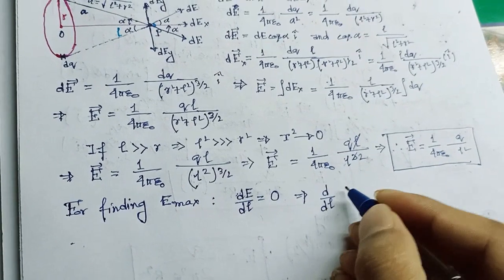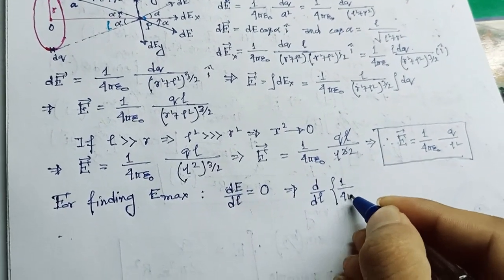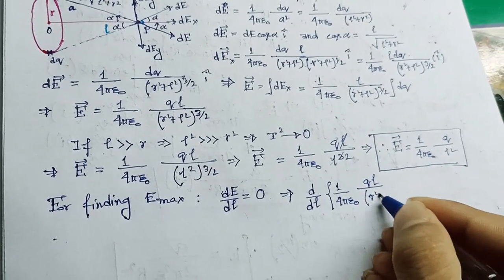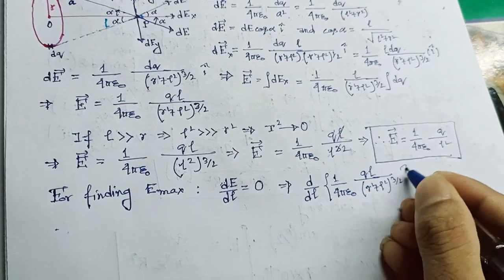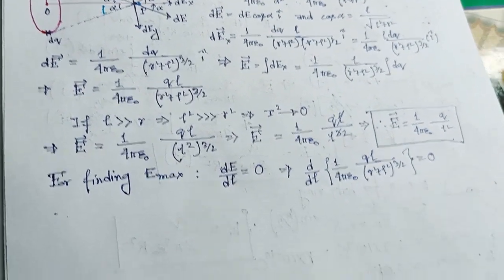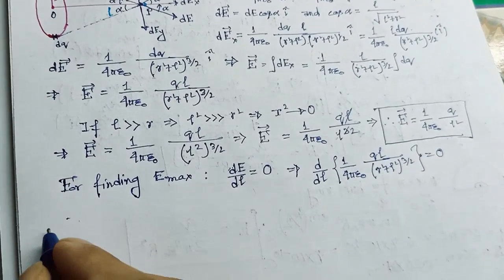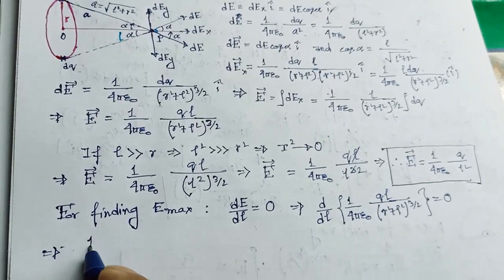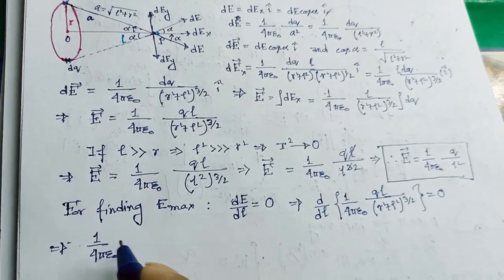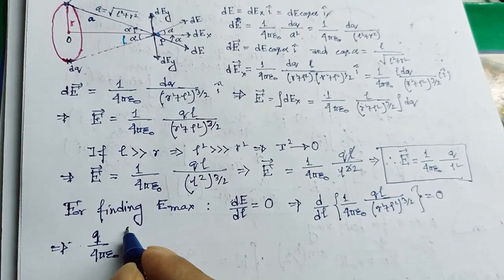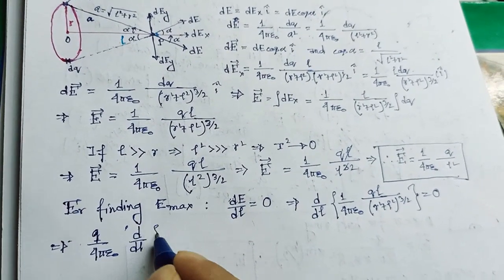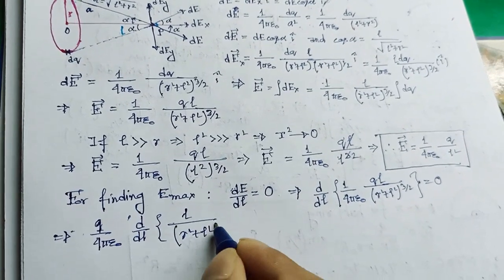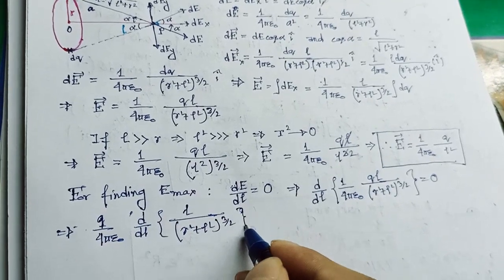So this implies d/dL of 1 divided by 4 pi epsilon naught into QL divided by (R square plus L square) whole to the power 3 by 2 is equal to 0. The 1 by 4 pi epsilon naught comes outside of the derivative, and Q also comes outside, and d/dL of L divided by (R square plus L square) whole to the power 3 by 2 is equal to 0.